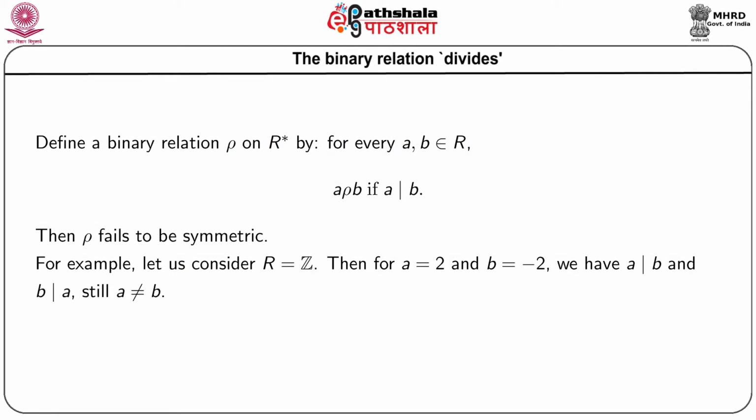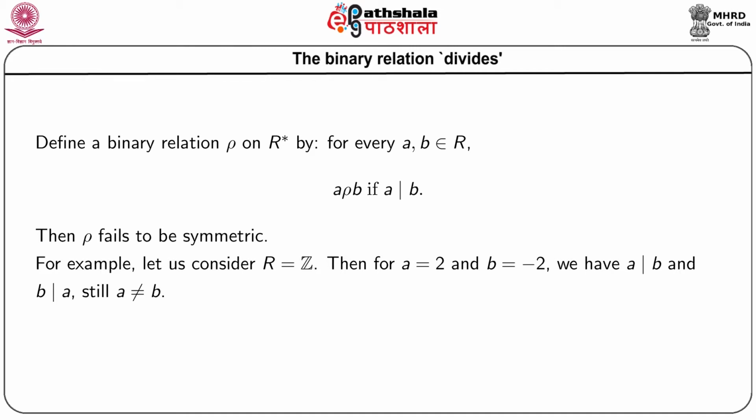This notion of divisibility gives rise to a binary relation rho as follows. Since R contains 1, rho is reflexive, and because of commutativity rho is transitive, but rho fails to be symmetric.